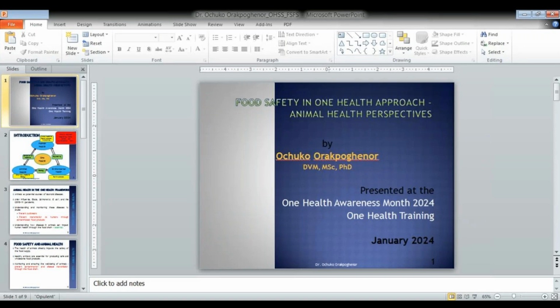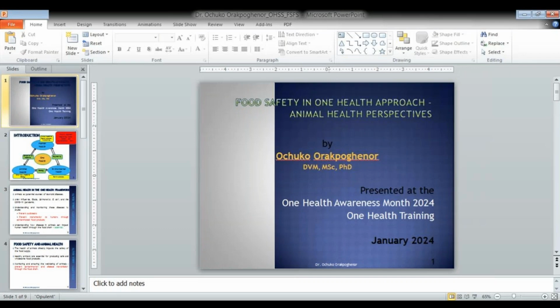Healthy animals are essential because they produce safe and wholesome food products in the form of meat from beef cattle, goats, and sheep that are consumed in various parts of the world. We also have food products in the form of eggs that are consumed by humans, and these are gotten from poultry. We also have other animals that are being consumed like rabbits, grass cutter, and a host of others.